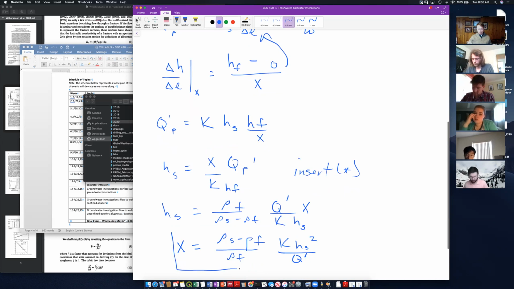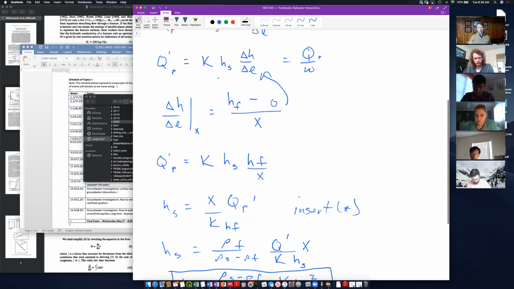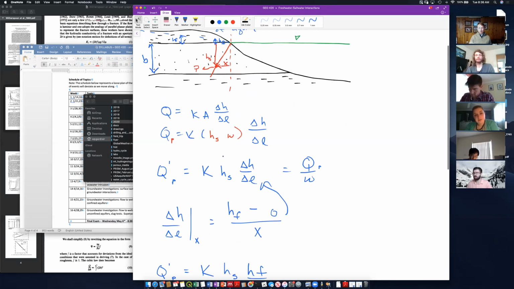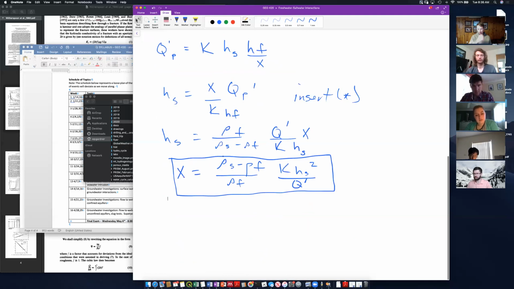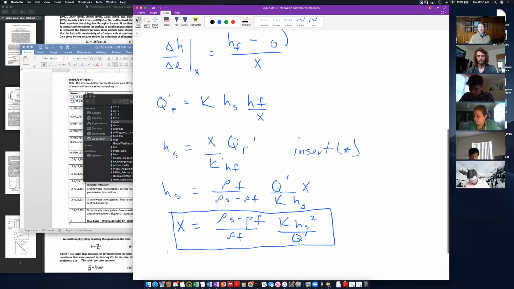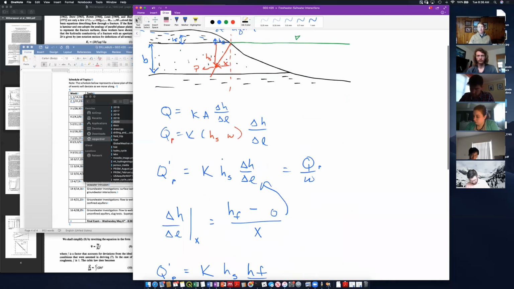So this equation right here gives me the inland distance x of my saltwater interface, given the depth below sea level that I'm interested in.